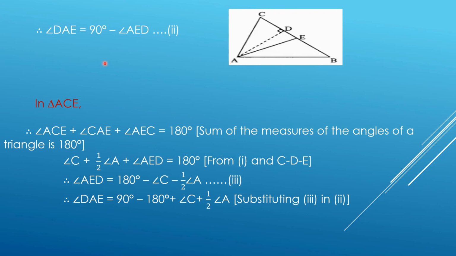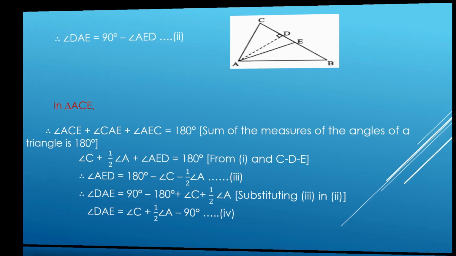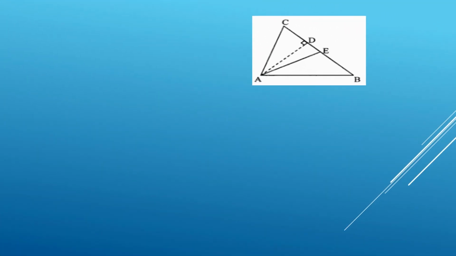That means angle DAE is equal to 90 minus, in place of angle AED, I am writing 180 minus angle C minus half into angle A. Therefore, angle DAE is equal to angle C plus 1 by 2 into angle A minus 90 degrees. That is equation number 4.